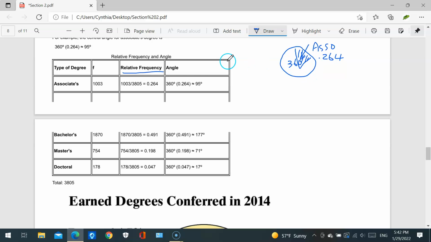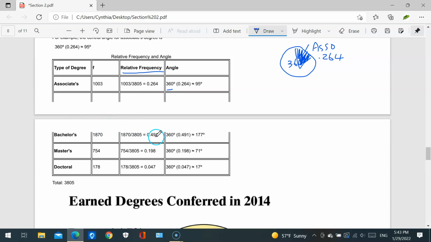To find the sector area, we simply take the 360 degrees and multiply by the portion, which is your relative frequency. Multiply these two, you get 95 degrees. That means this section occupies 95 degrees of the entire circle. So here would be the people getting the associate degree.